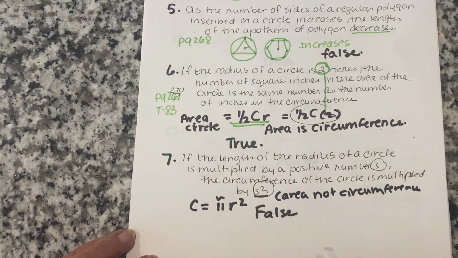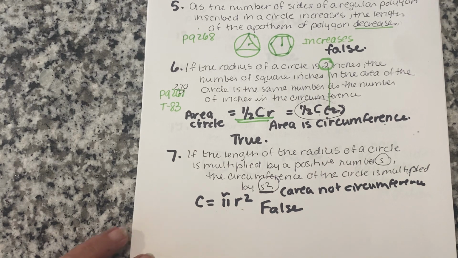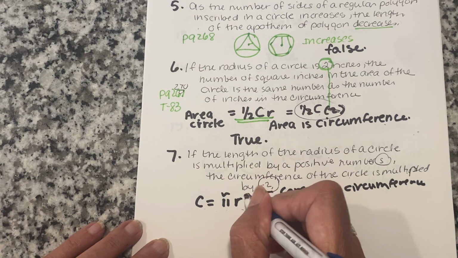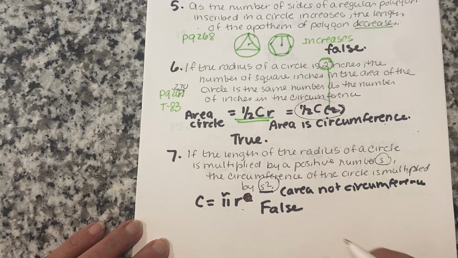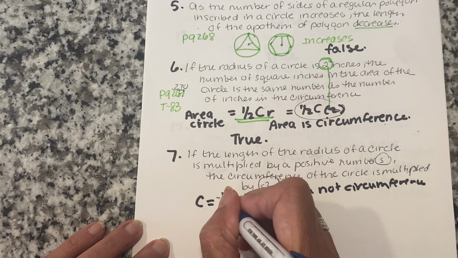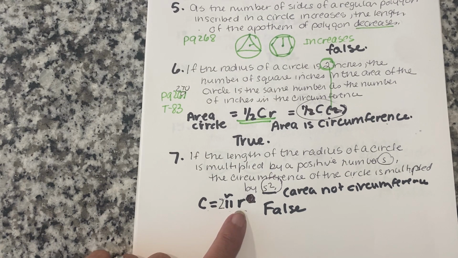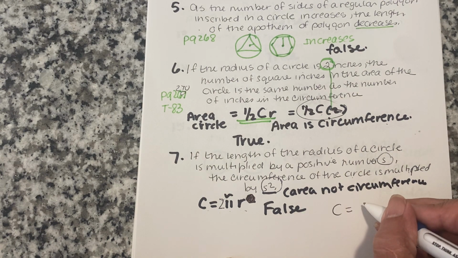So here's our equation with the circumference. Circumference equals pi r squared. So, circumference equals 2 pi r. See, I goofed up. I guess I put it there, it is 2 pi r. Circumference doesn't equal 2 pi r squared, so that's not the circumference. So circumference equals what?